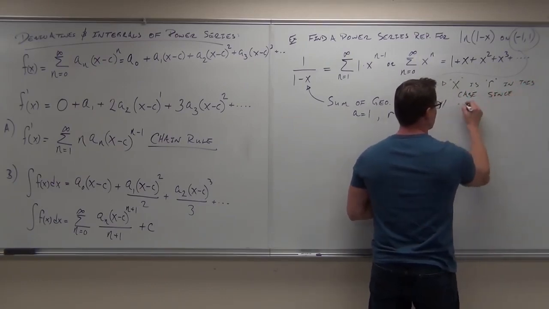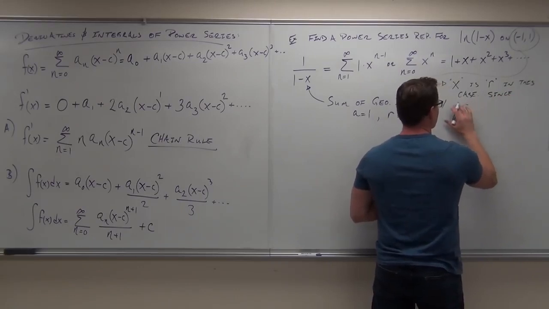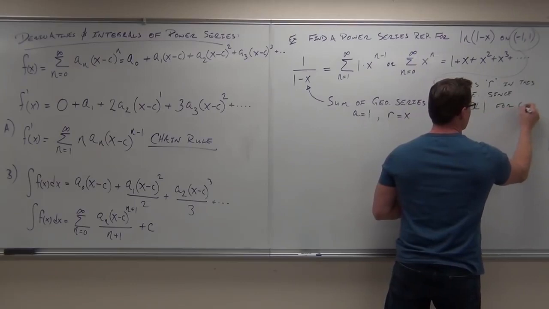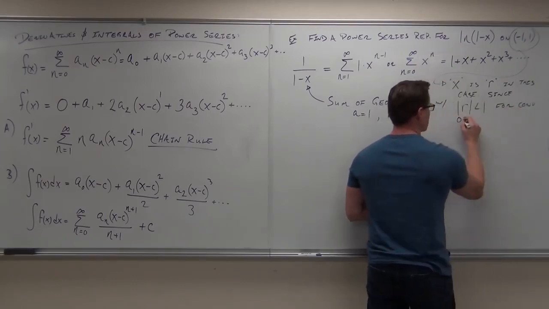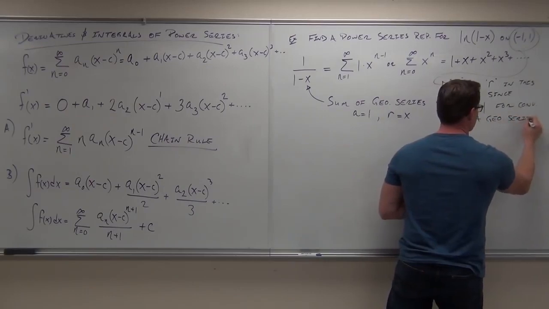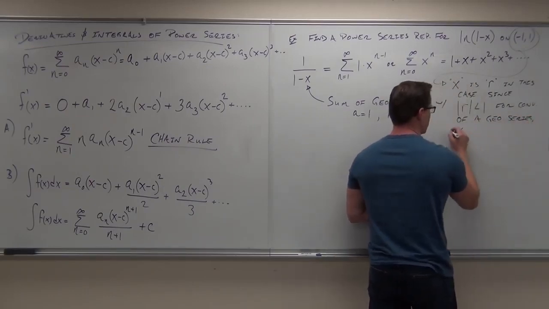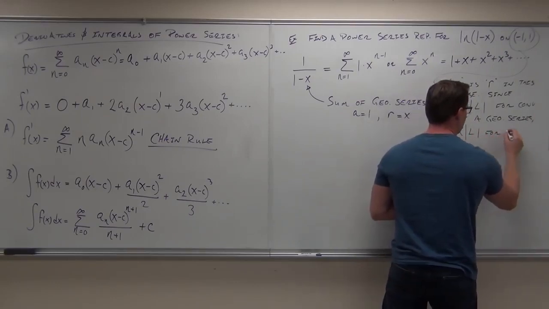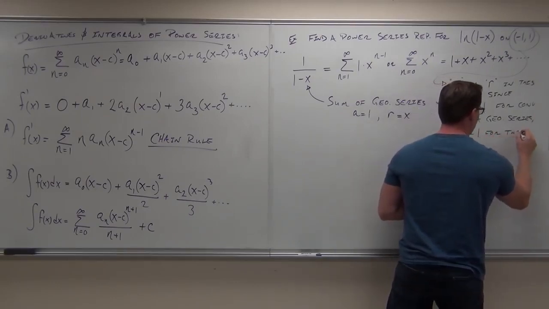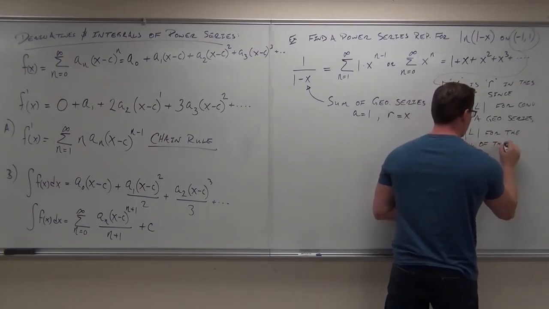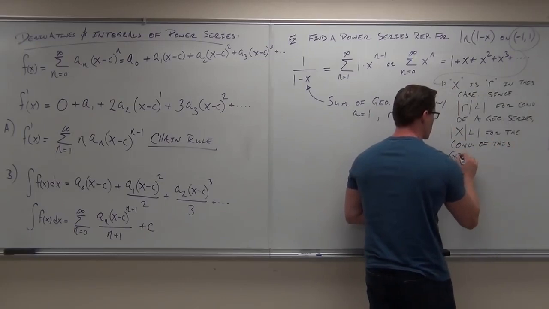Since r must be less than 1 for convergence of a geometric series, x must be less than 1 for the convergence of this geometric power series.